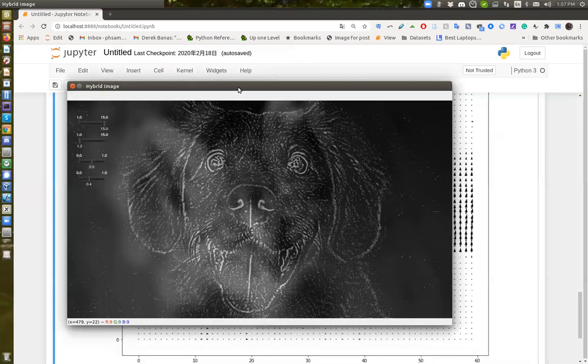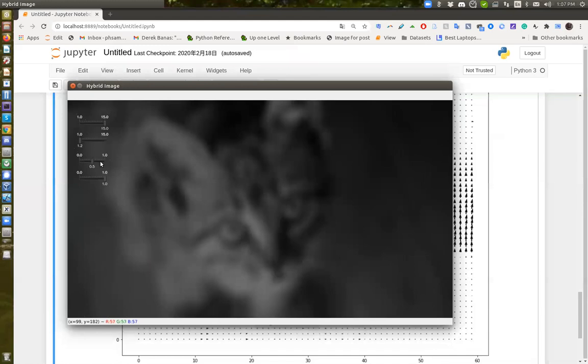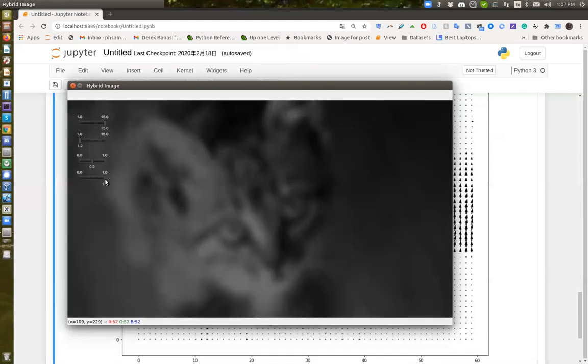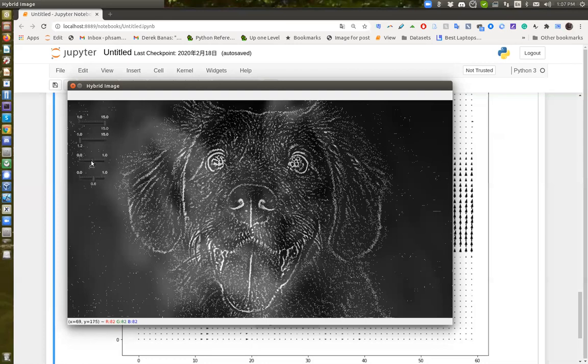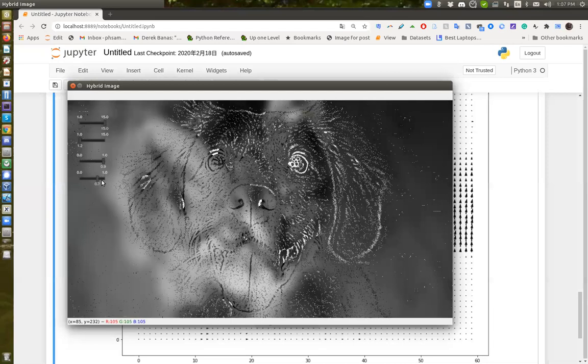For example, here you see I add the dog and cat: the dog is multiplied by 0.5 and the cat by 0.4. If I just add them together, it will totally saturate the image.